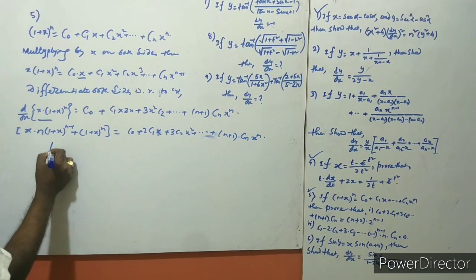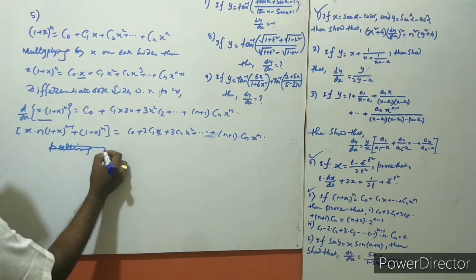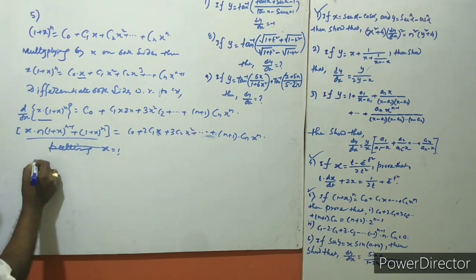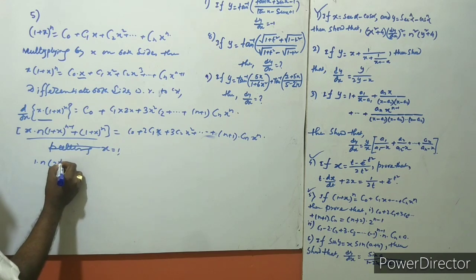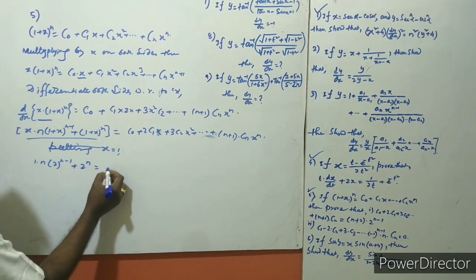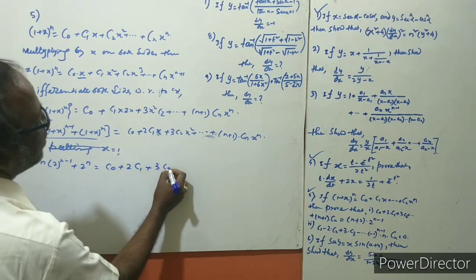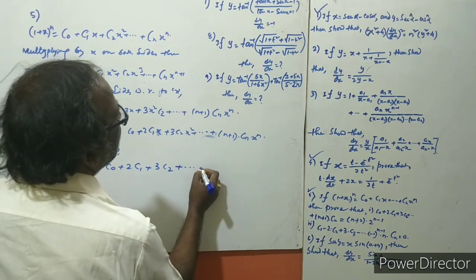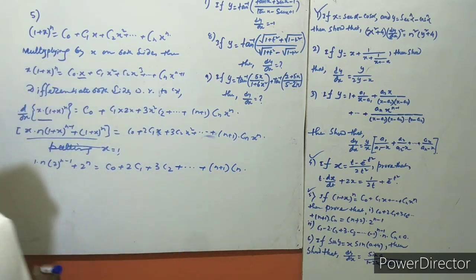Now putting x equal to 1 on both sides. If you put 1 in place of x, then n into 2 to the power n minus 1, plus 2 to the power n, equals c0, 2c1, 3c2, up to n plus 1 and cn.